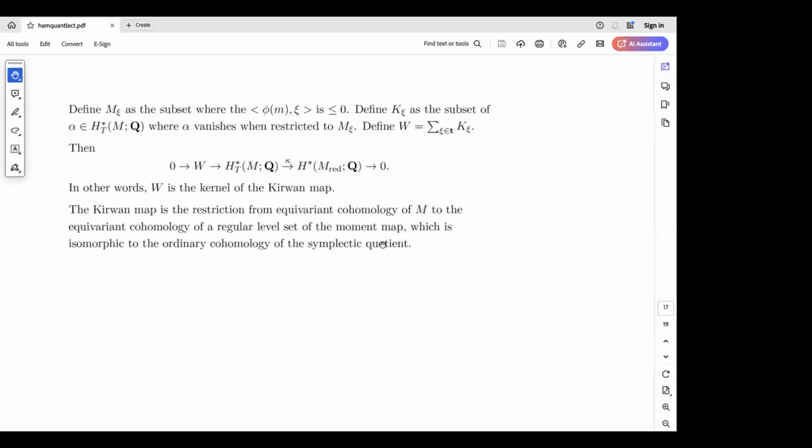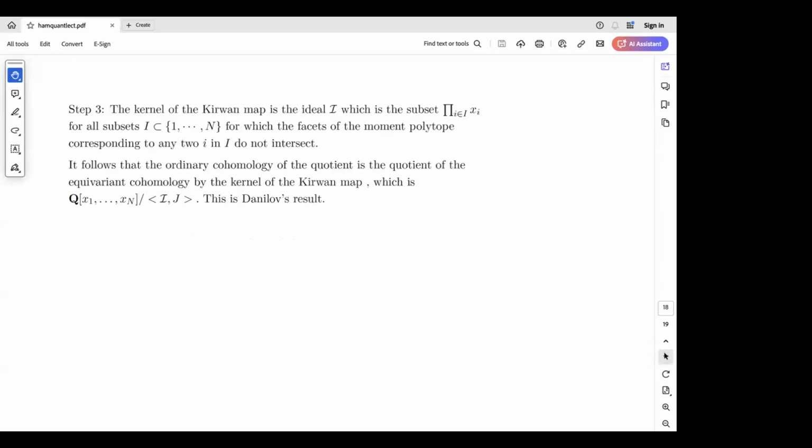I haven't been very detailed about the kernel of the Kirwan map, but it turns out this kernel is in fact the ideal script I, which is the subset where you have products of generators corresponding to the facets, for all subsets for which the facets of the moment polytope corresponding to any two do not intersect.